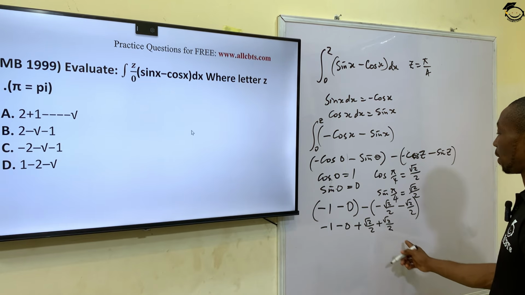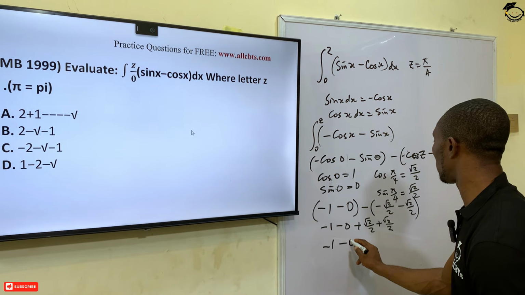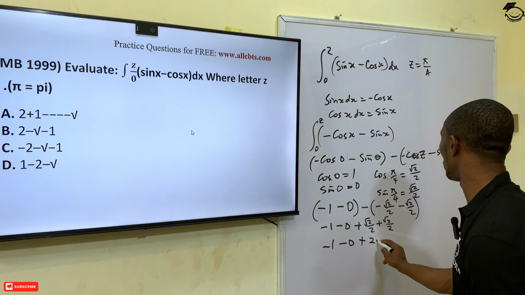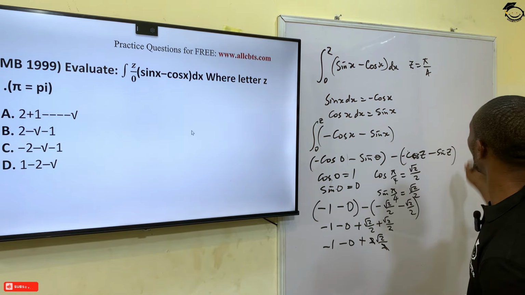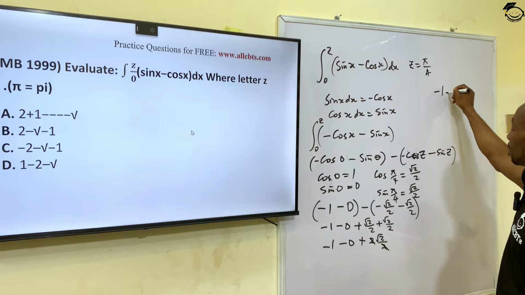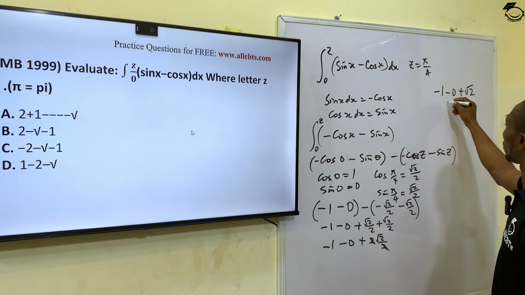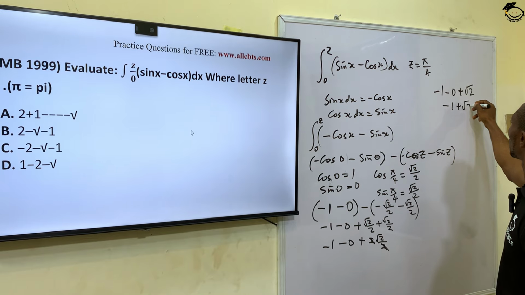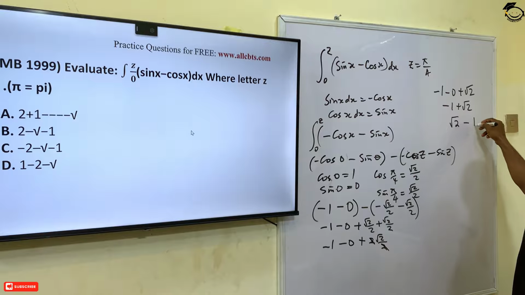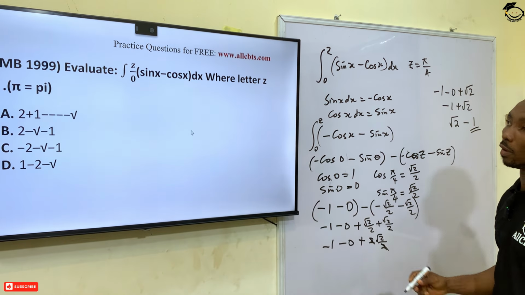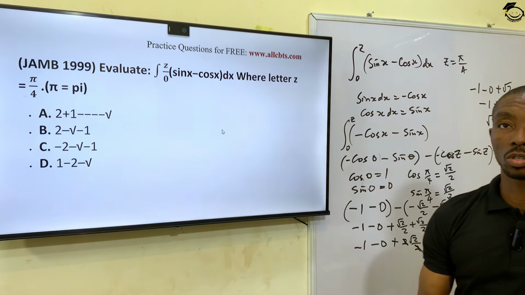So from here we can rewrite this as minus 1 minus 0 plus 2 root 2 over 2. So the 2 cancels 2, leaving us with minus 1 minus 0 plus root 2. So minus 1 minus 0 will give us minus 1 plus root 2. So rewriting this, we have root 2 minus 1 as our answer.